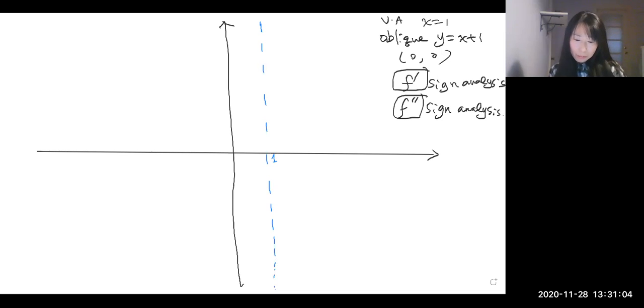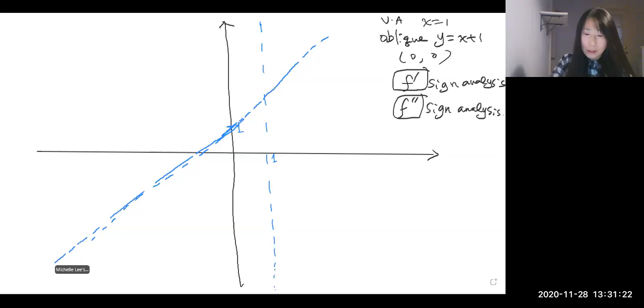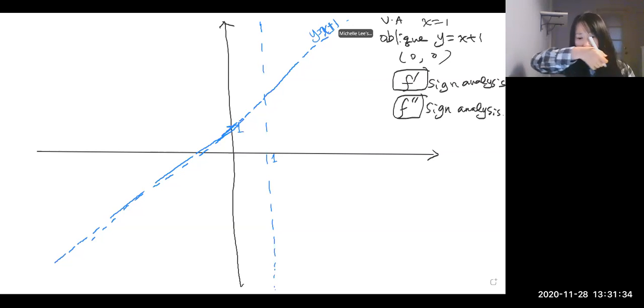So this is 1, right? So like that. Okay, this is the oblique asymptote. This is y equal to x plus 1. Okay. Now, we do sign analysis. Before that, we have a local max.